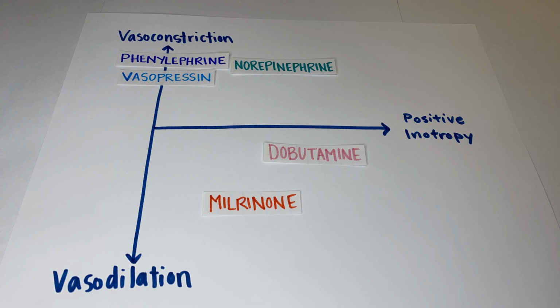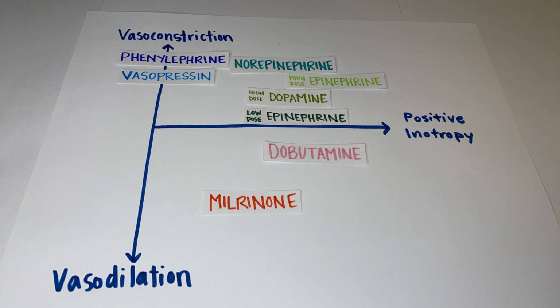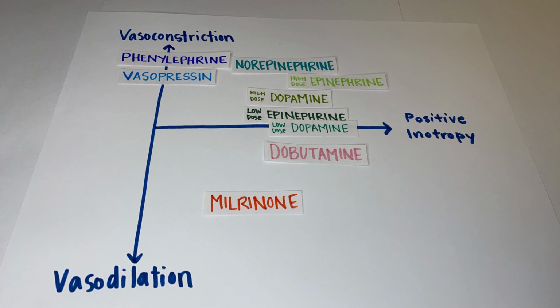Norepinephrine lives in a happy place of strong vasoconstrictive effects and moderate inotropic effects. High-dose epinephrine slots in just below norepi on the vasoconstrictive scale with greater inotropy. High-dose dopamine and low-dose epinephrine have similar inotropic properties, but dopamine has more vasoconstrictive power. Finally, low-dose dopamine is generally neutral in terms of vasoconstriction, but has stronger inotropic effects.